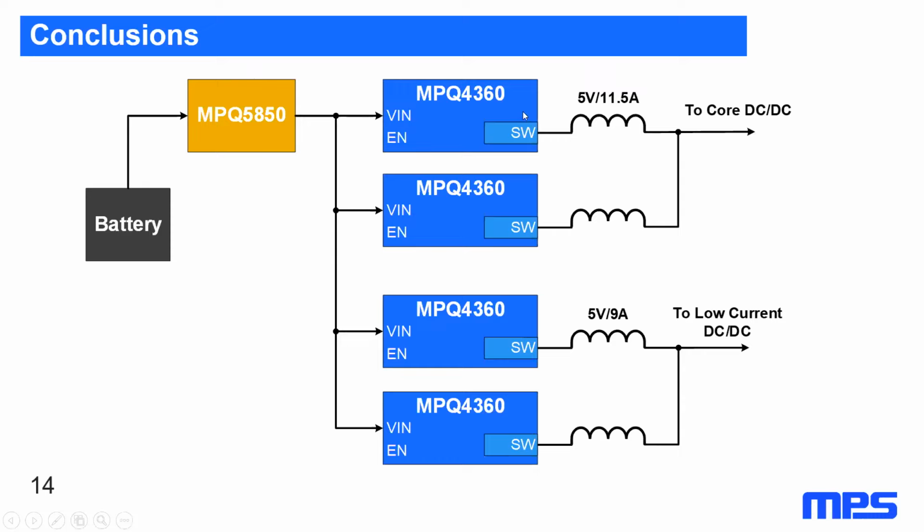The first one is powered by two MPQ4360 working in multiphase, delivering 5 volts and 11.5 amps to the core DC-DC converter, the high current one. And then we got another pre-regulator bus on the lower end, again powered by two MPQ4360s, since the current level is quite similar. And this one is delivering 5 volts and 9 amps to the low current DC-DC converter.